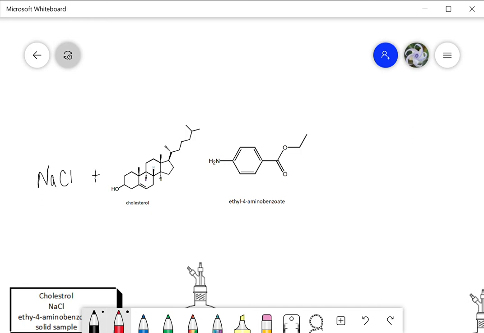So these 3 components this time are going to have 3 different chemical solubilities. So we already know that sodium chloride will dissolve in water, but cholesterol and ethyl 4-aminobenzoate will not. So we're going to use that property for our first separation.